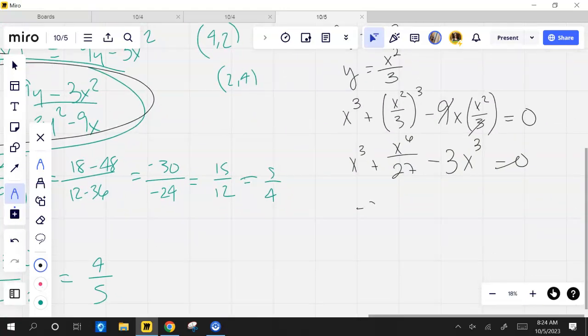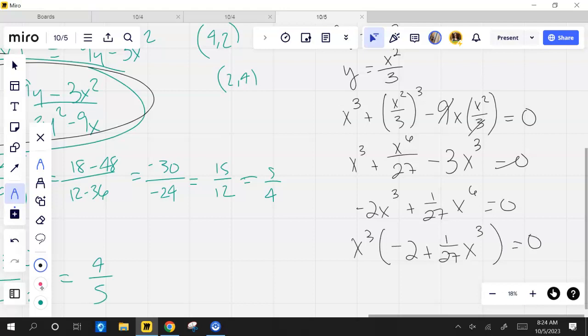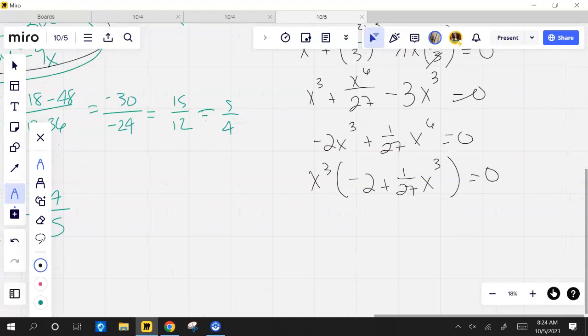So I have negative 2x cubed plus, I'm going to make this like this so you can see what's going on. Factor out an x cubed. It said everywhere except the origin. This is why they had an exact answer. All right, so that goes to 0, but it's not going to count because they said no origin. So I'm just going to look at this piece.